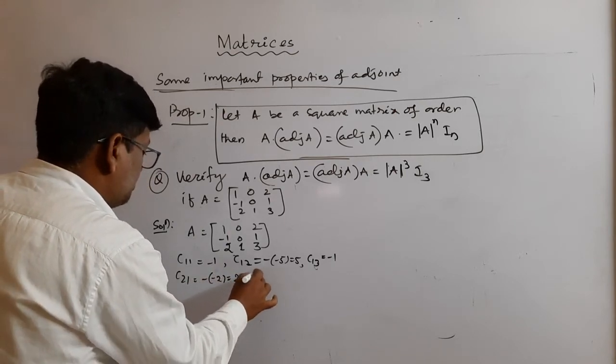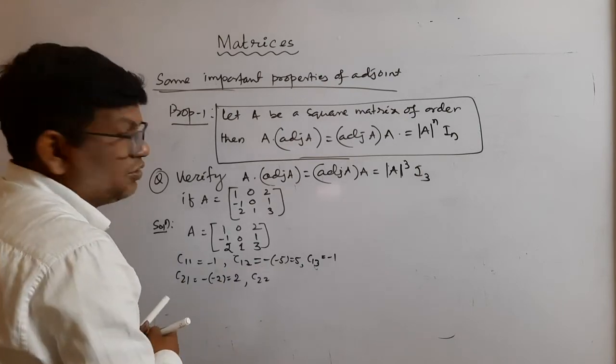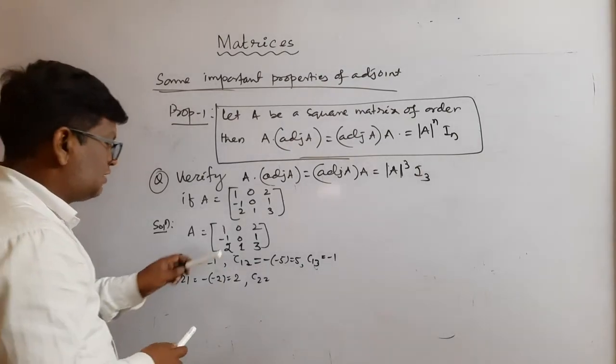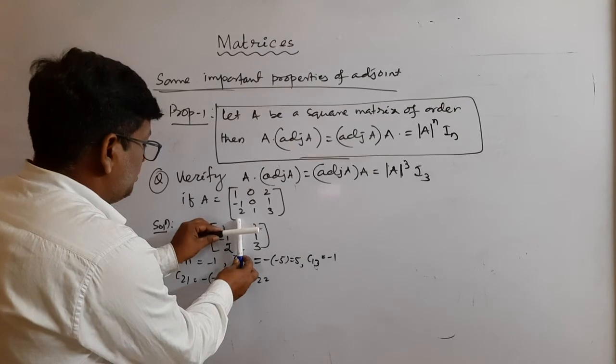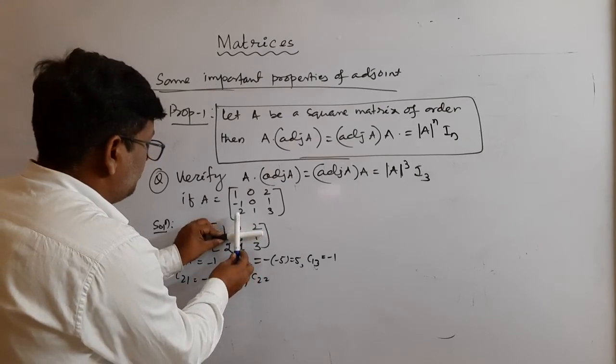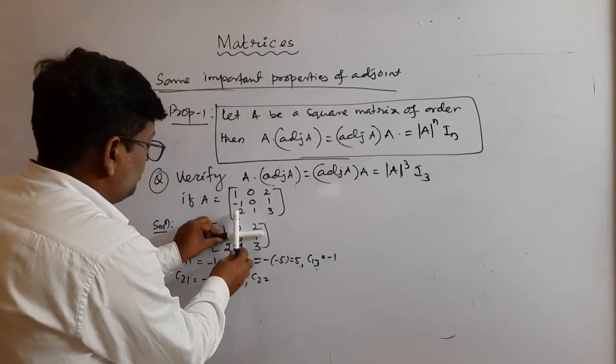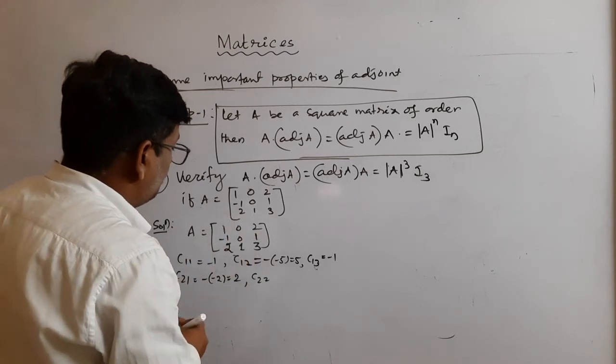Then C22, second row second column, 2 plus 2 is 4, even. So 3 minus 4 is minus 1.